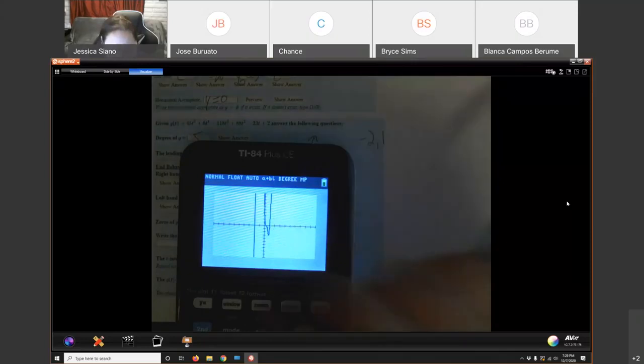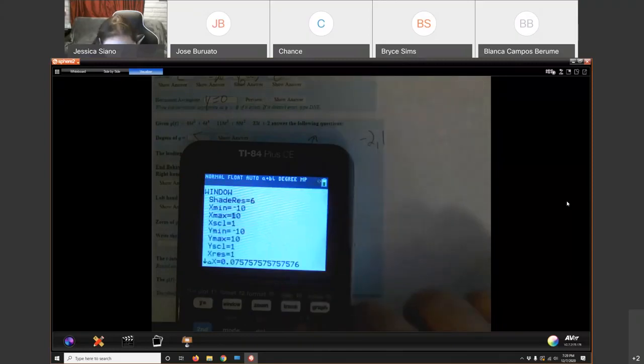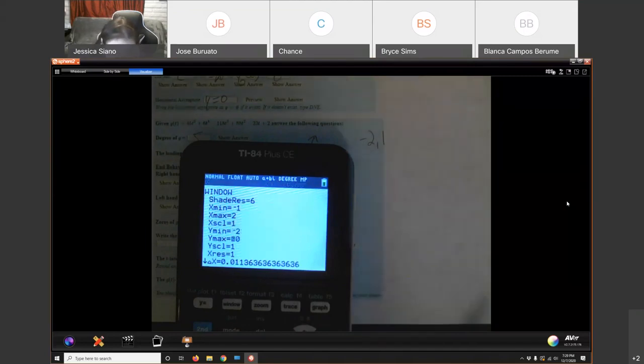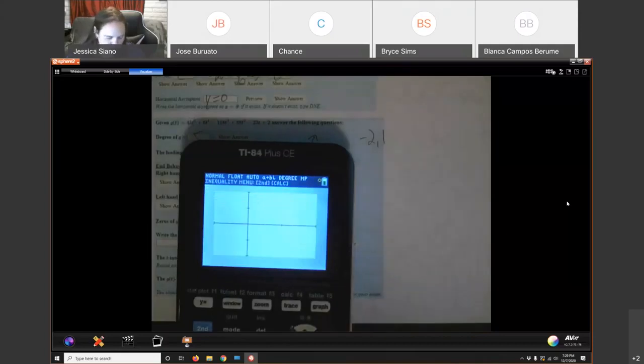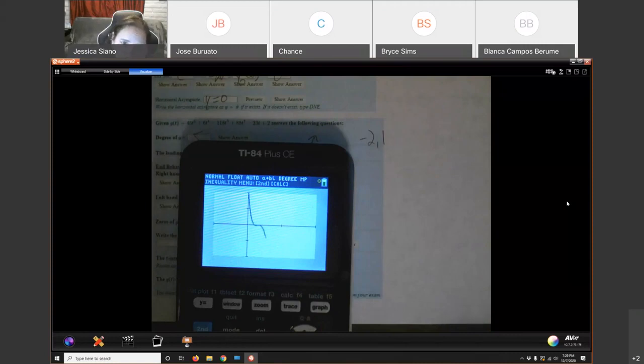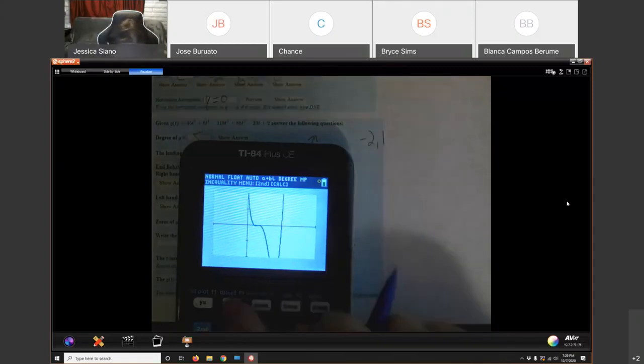So I'm going to zoom way in, and I'm going to change my window so that it's like -1 to 2, just around that 0 to 1 area, and make this -2 to 2. So I want to get really close to that weird stuff so that I can take a look at it. I still can't get a good idea of what's going on there.